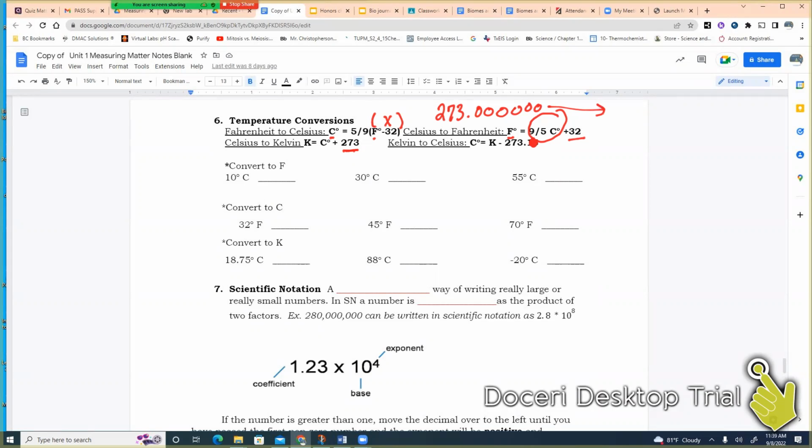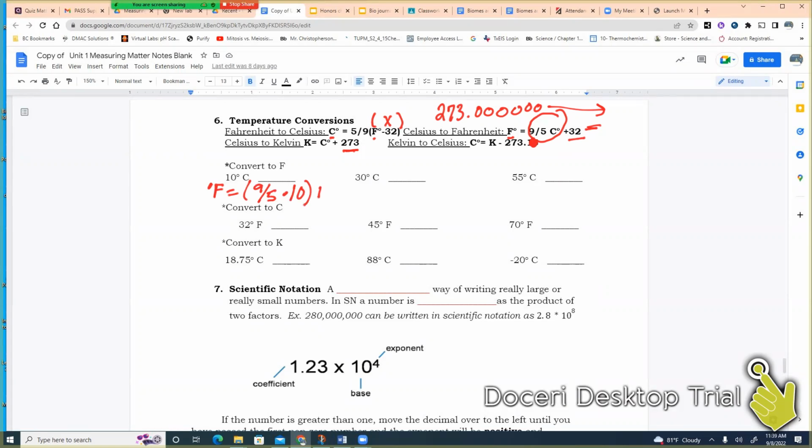All right, so let's look at a couple of them to start off. I have Celsius and I want to convert it to Fahrenheit, so I'll be using that formula. Degrees Fahrenheit is equal to 9/5 times my degrees Celsius, which is 10.